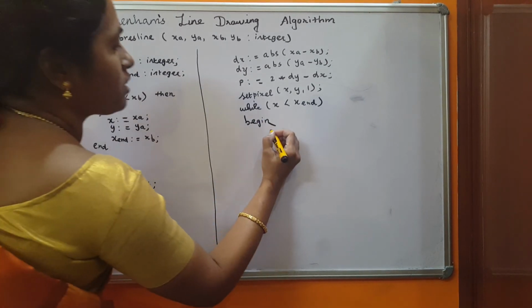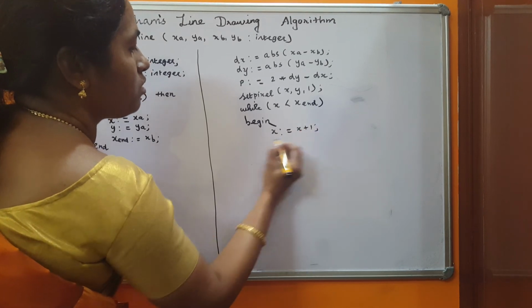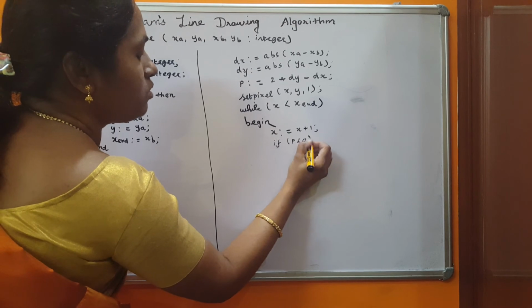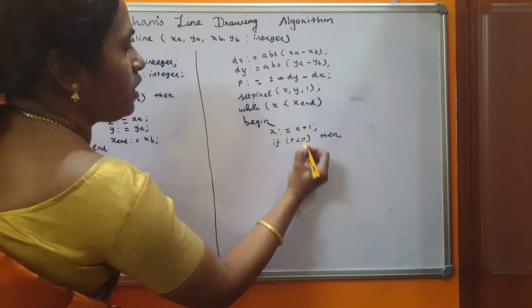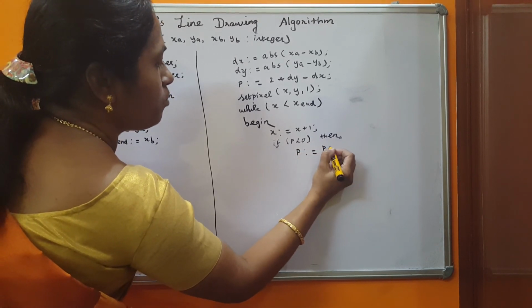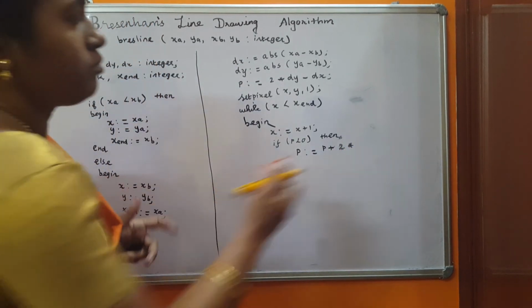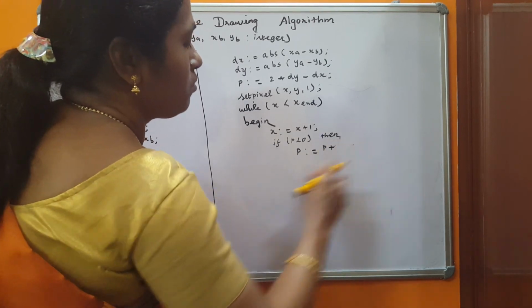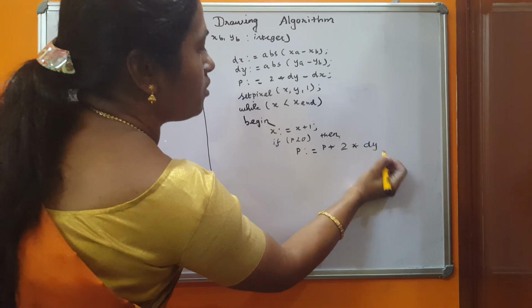Begin. X is always incremented. If p less than 0, then x only incremented, so new p value p equal to p plus 2 asterisk dy.